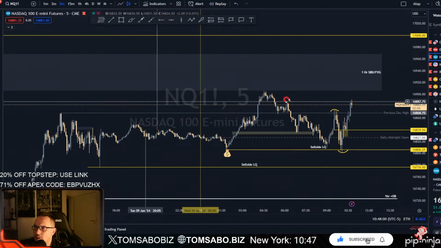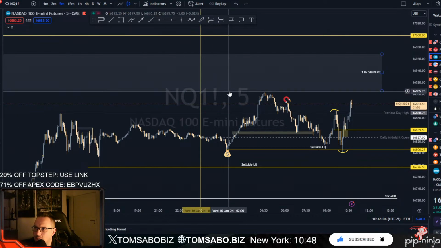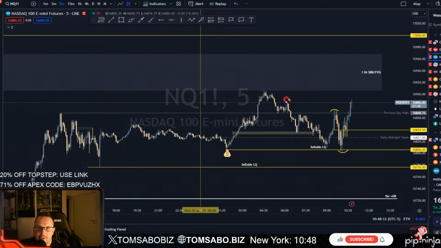Because if the draw on liquidity is above there and we're still in the silver bullet hour, then it should be 905, or at least above the 900s, if it wants those levels.